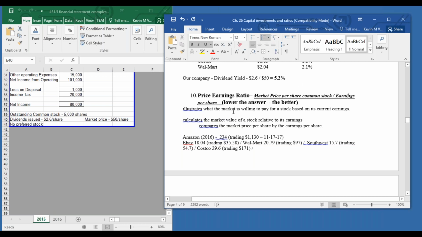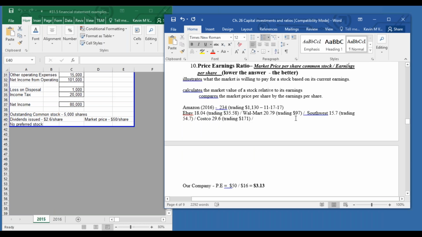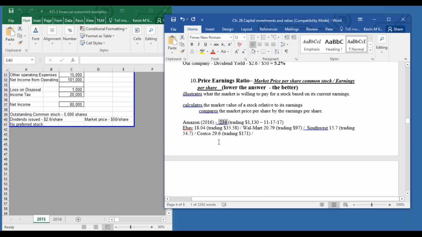So this is illustrating here what the market is willing to pay for a stock. That's what this price earnings ratio is. The lower, the better. Notice Amazon's really high figure, 234. Because as of the date when I looked these up, which was still a while ago, I know, but this will be an okay for a while number.